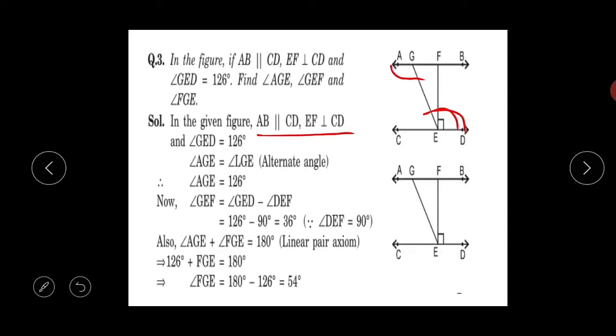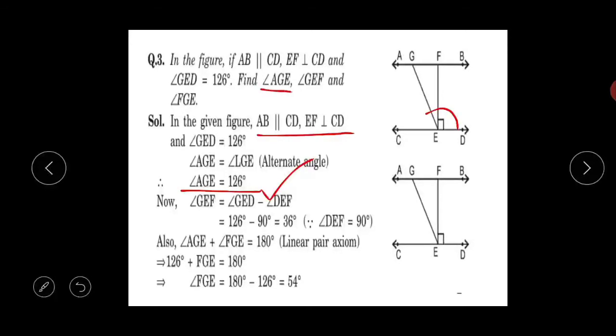Because if two lines are parallel, then alternate angles will be equal, isn't it? So angle AGE will be equal to angle GED by alternate interior angle. And after that you got angle AGE is equivalent to 126 degree.